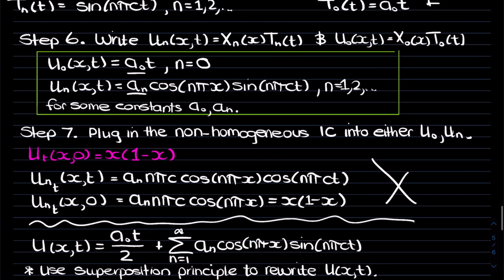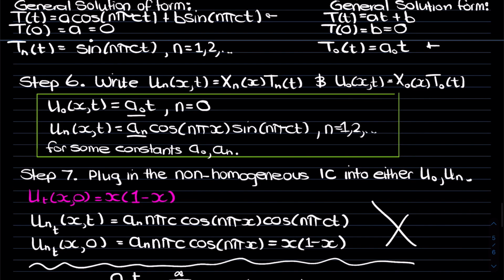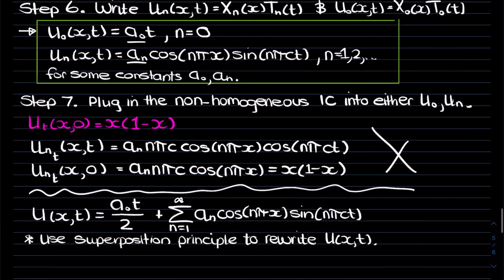So our a naught of t, that just comes from our u of naught. So that's our n equals 0 case, and that goes out the front. So it's whatever u naught is over 2. And then we have plus, and then we just have the sum of our u of n here.